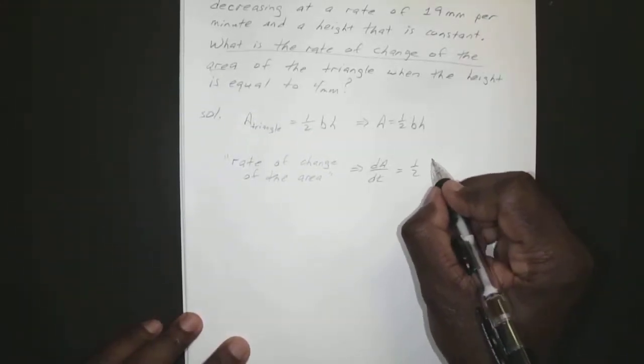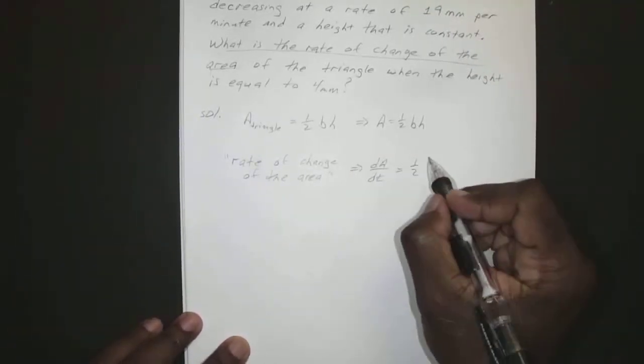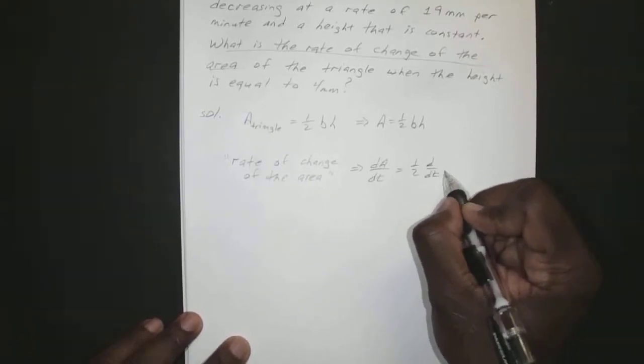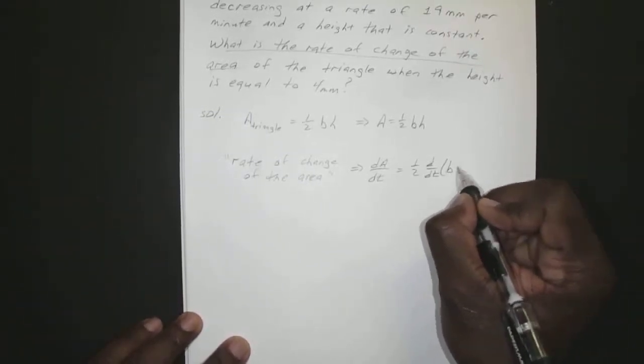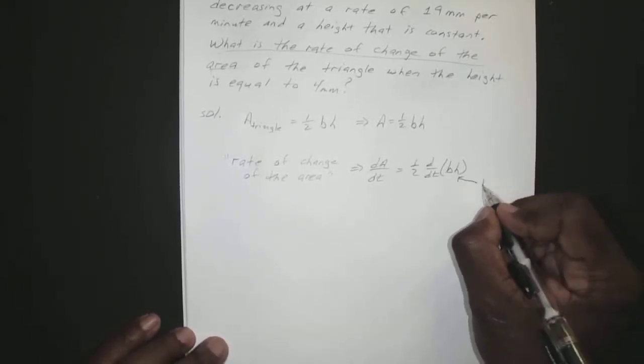1/2. Derivative with respect to t of the base times height. Okay. So here, we're just going to use the product rule.